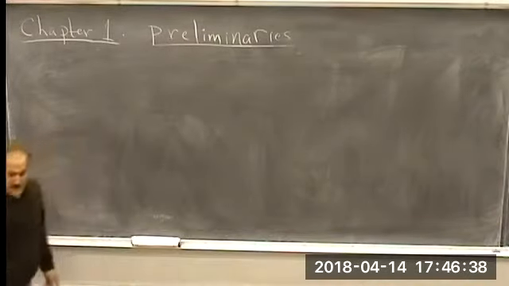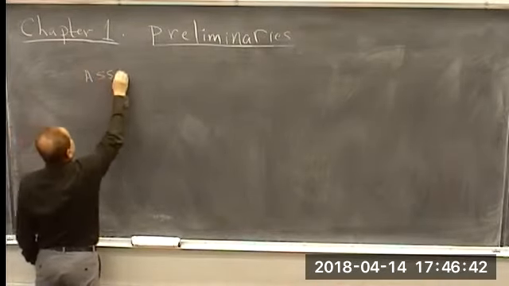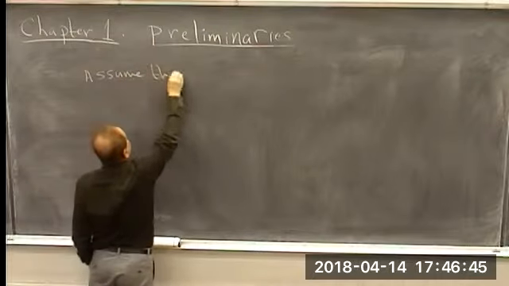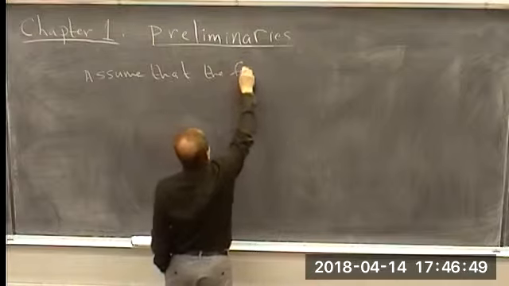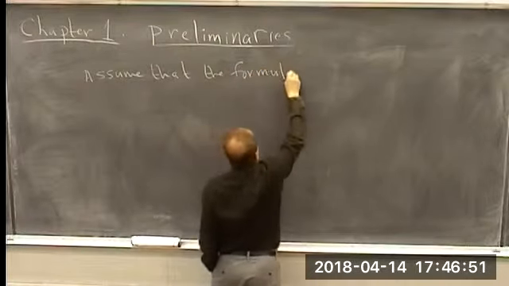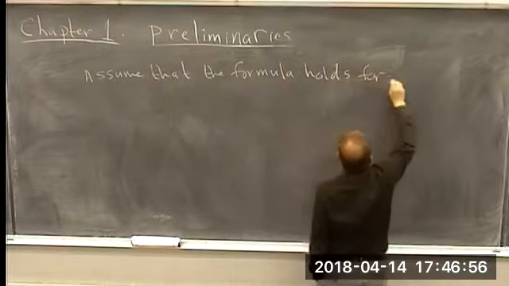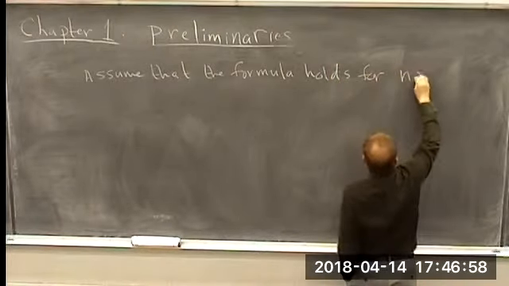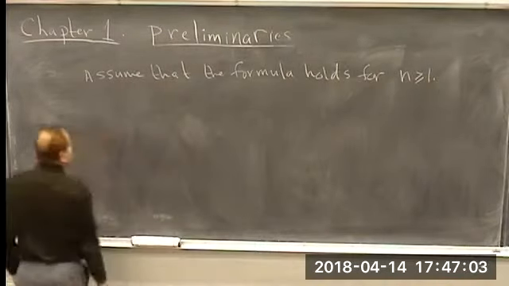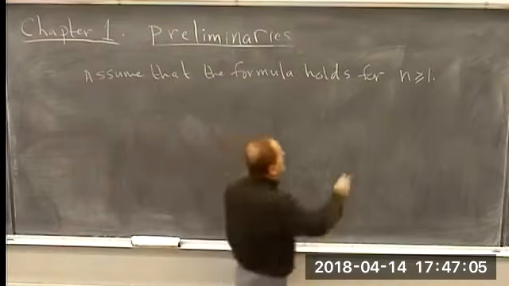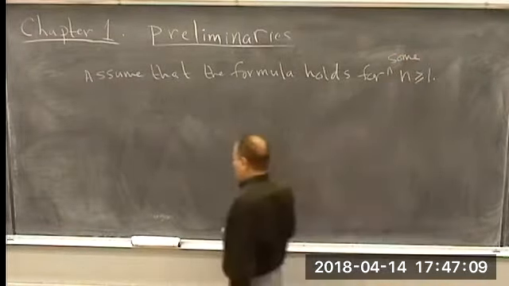Okay, so we're going to assume that the formula holds for n bigger than or equal to 1. Some n. We put here for some, not for all. All right?